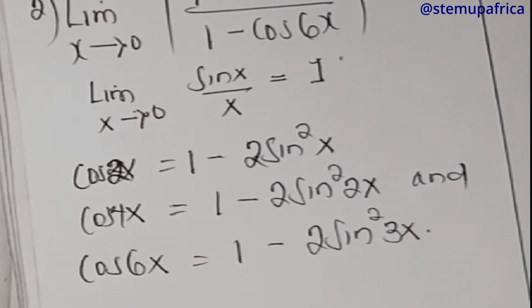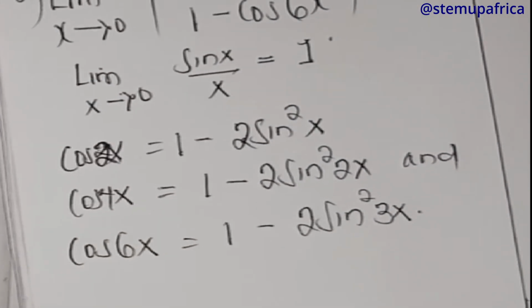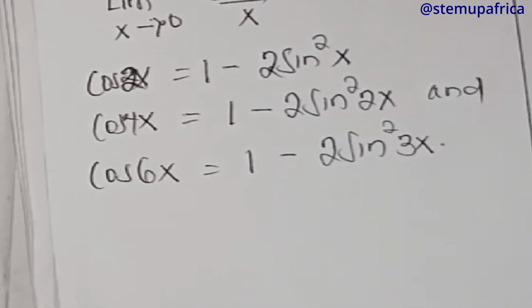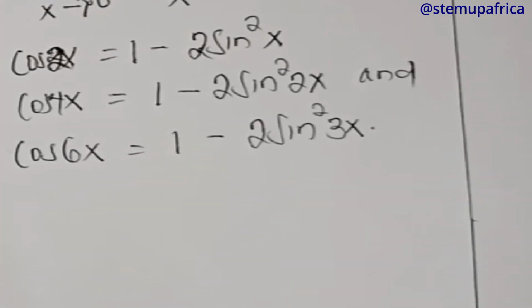So let's substitute the values of cos 4x and cos 6x into their various places. Here is cos 4x and here is cos 6x.